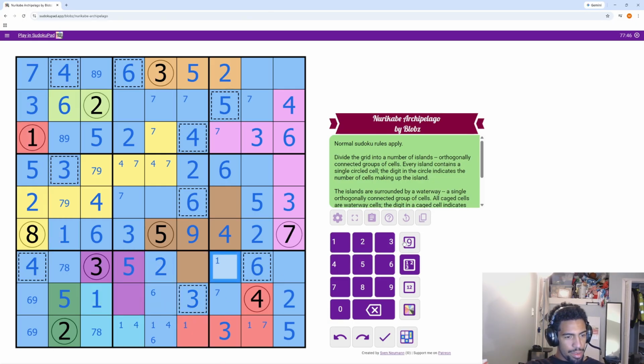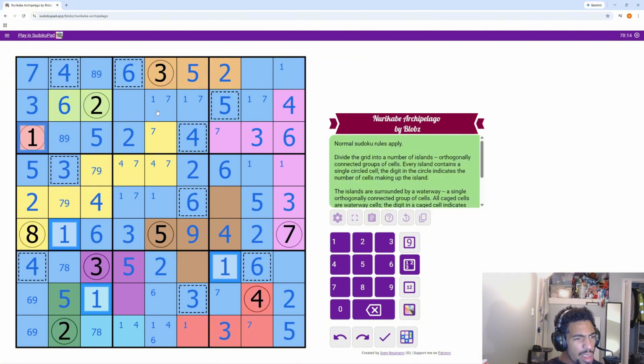I do get to place a 1, right? And now I get to put a 1 in here. And a 1 in here. And a 1 in there. And a 1 in here.